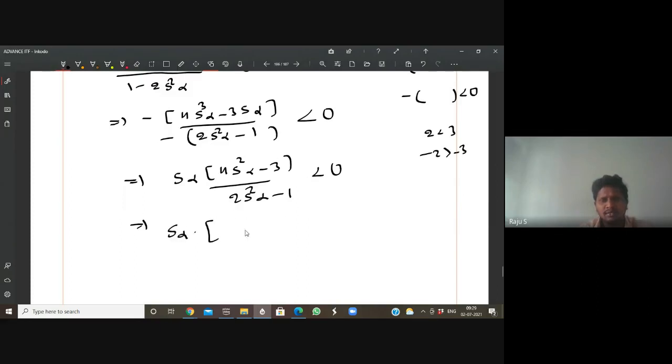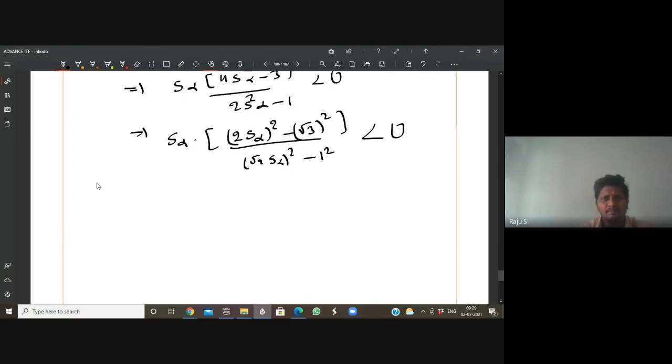I want to apply a square minus b square. Shall I write this as 2 sine alpha the whole square minus root 3 the whole square, and in the same way root 2 sine alpha the whole square minus 1 square? Yes, we can.